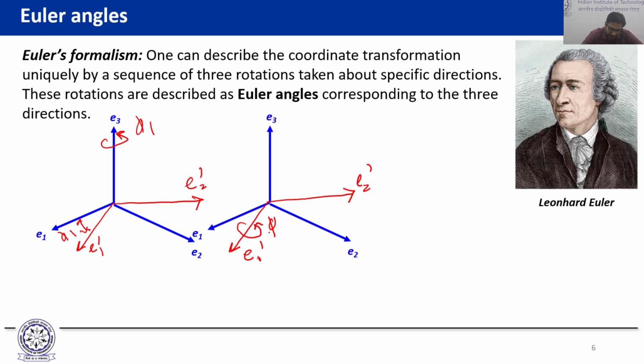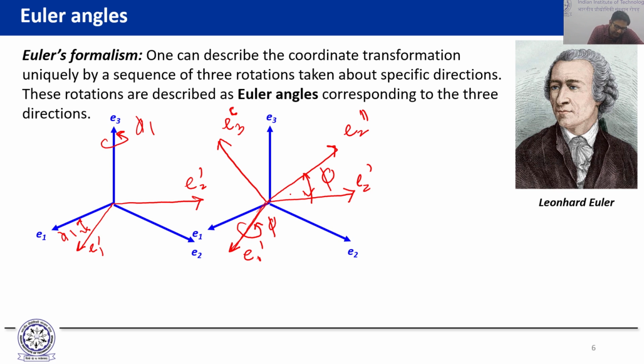Since I am rotating about E1 prime, this axis itself is going to remain unchanged, but the other axes start to change. So this E3 now comes to what I would call E3 prime, and this E2 prime goes to E2 double prime. And essentially what you can see is that E2 prime is getting rotated by the same angle phi, which is the angle that I am rotating around E1 prime.